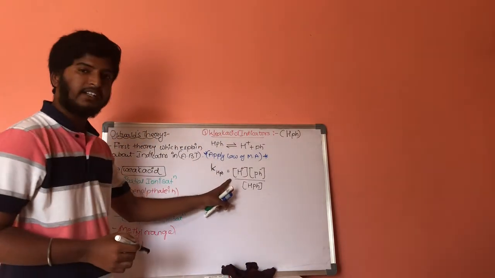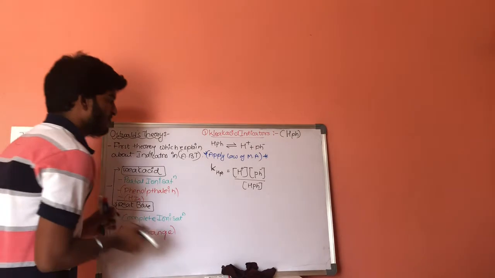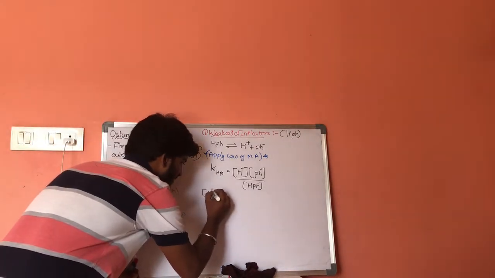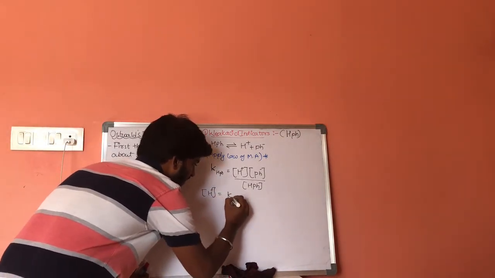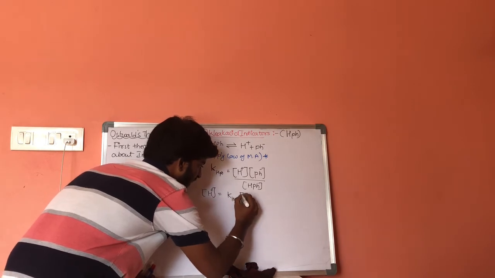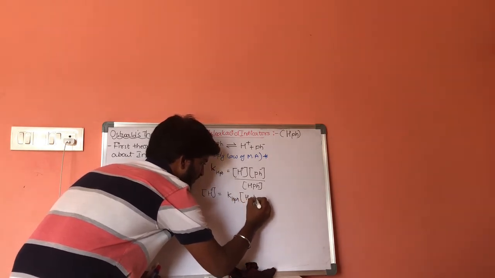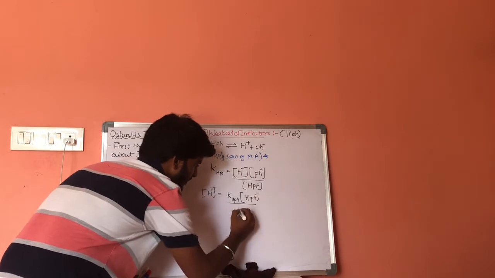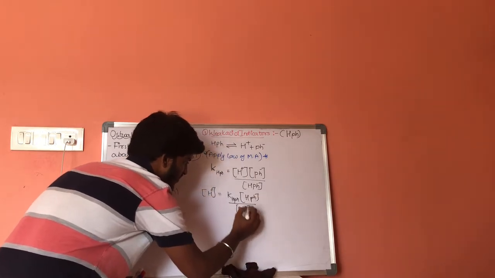Now we require the concentration of H plus ions. Concentration of H plus is equal to K HPh into the concentration of HPh divided by the concentration of Ph minus.